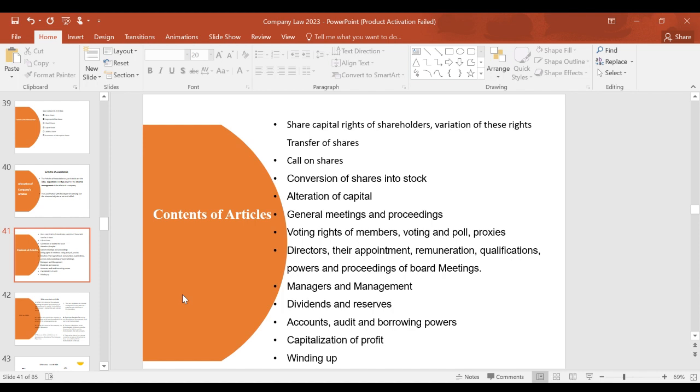So all these things are captured within the Articles of Association, and many more, depending on how the parties, or rather the founders of the company, wish to include.